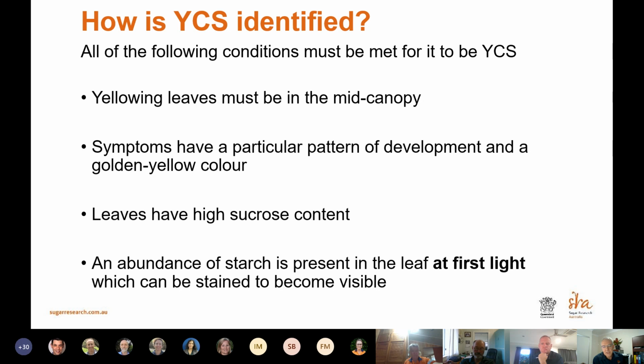However, in plants affected by YCS, in the morning, that starch level is still quite high, and so too is the sucrose level. But we can do a simple stain test for that, and that's what we have developed, and it's out there being used in industry as I speak. So that's a good way to get a visual. So let's have a look at, in the next slide, some of the symptoms that you would see on the leaves.